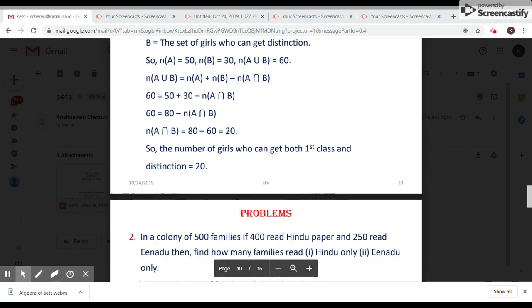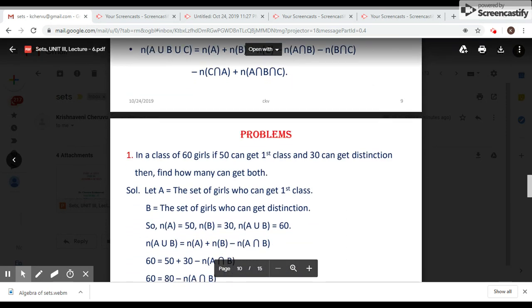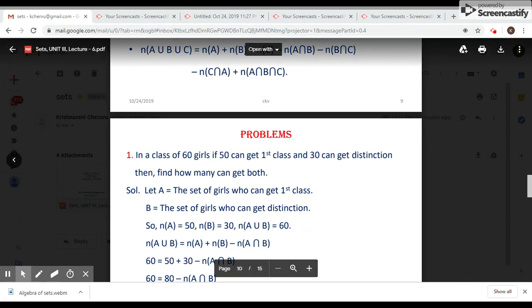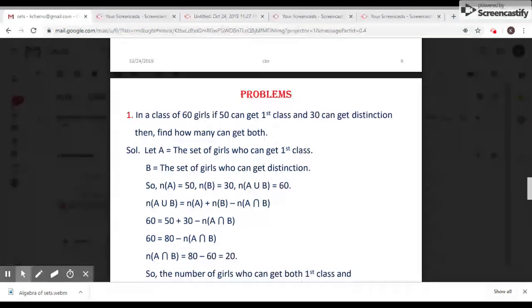Let me give you some problems here. In a class of 60 girls, if 50 can get first class and 30 can get distinction, then you need to find out how many can get both. Let A be the set of girls who can get first class, B the set of girls who can get distinction.